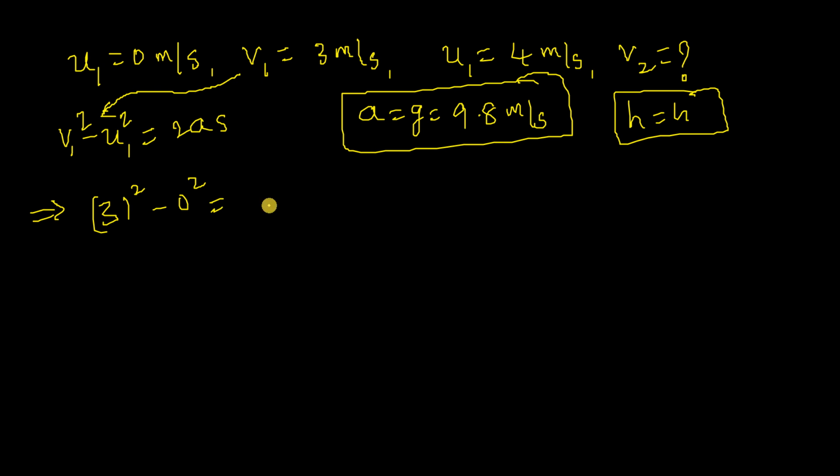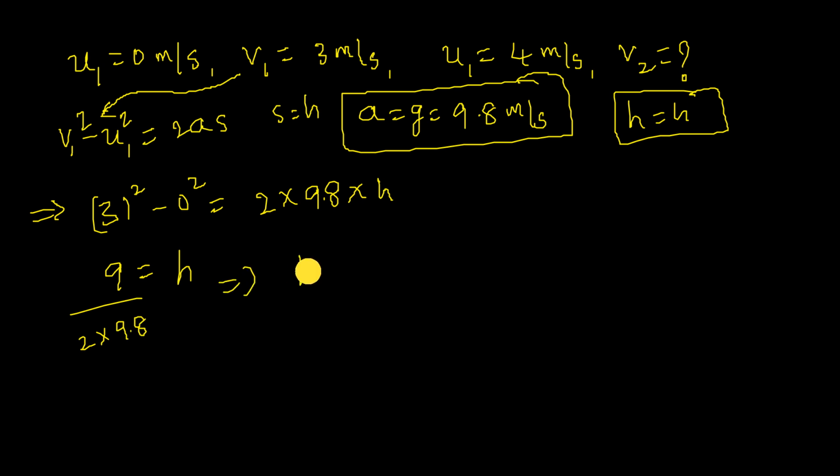So 3 square equal to 2 into 9.8 into h. So h equal to 9 divided by 2 into 9.8, that is 19.6. If you do the calculation, you will get h equal to 0.46 meters. That is the height.